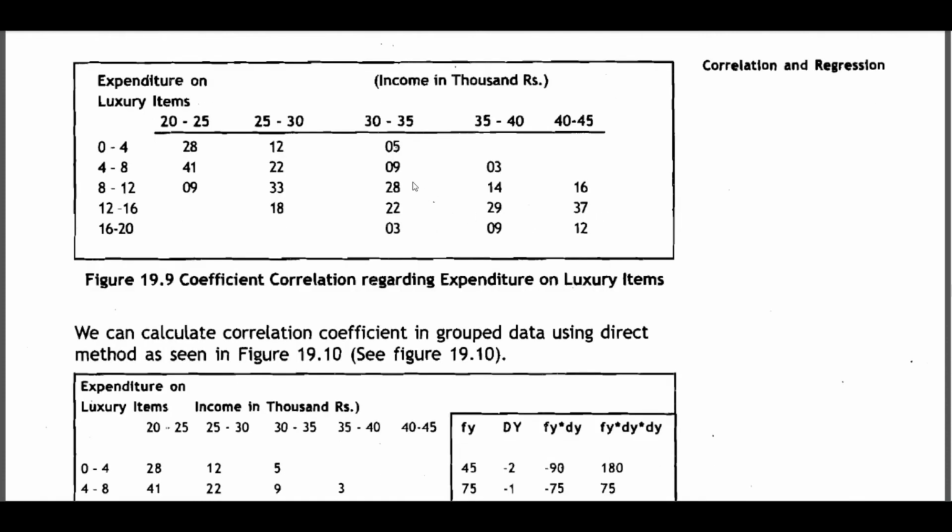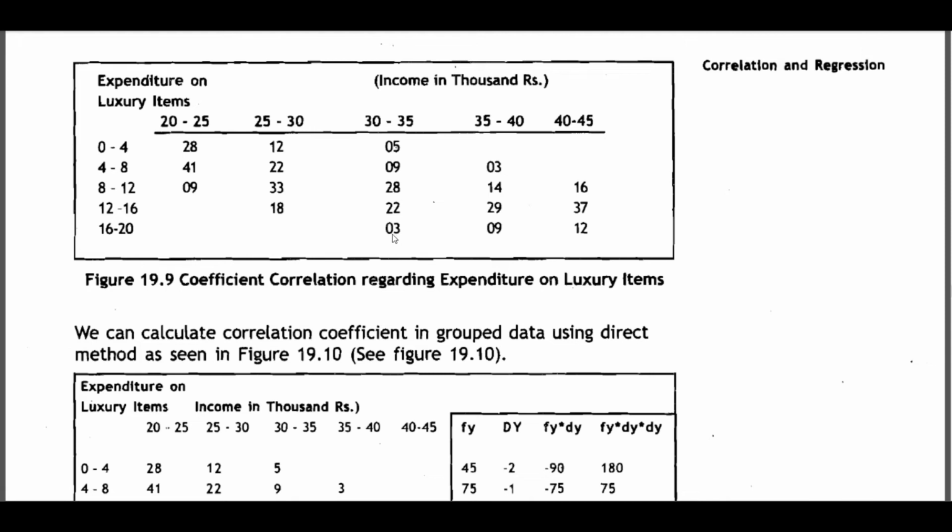So you can see from this, the people having more luxury items come under the higher income group. So people having 30 to 35,000 income, they have this many luxury items.